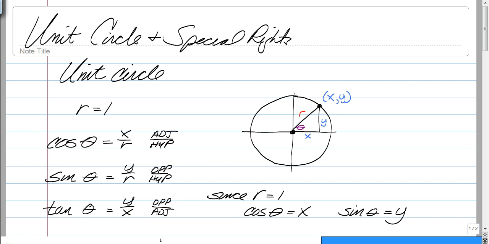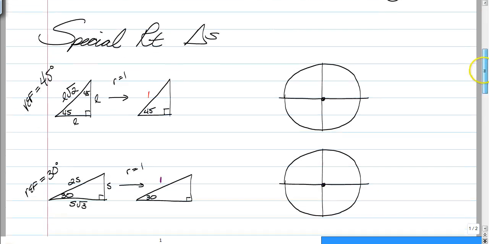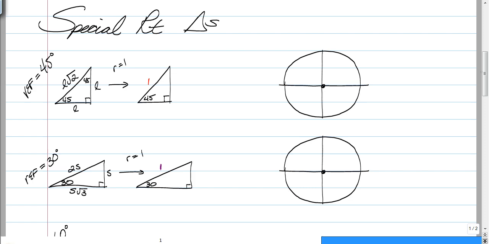Okay, so what we need to do is quickly talk about different types of special right triangles. So you should remember 45, 45, 90, and it has this pattern: L root 2, or you might have learned S root 2, doesn't matter.